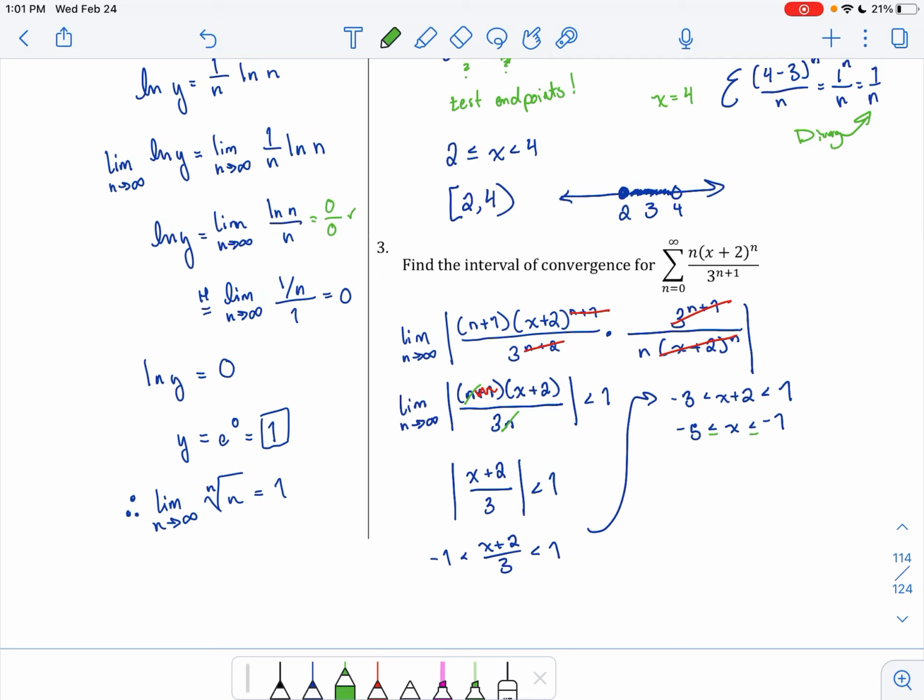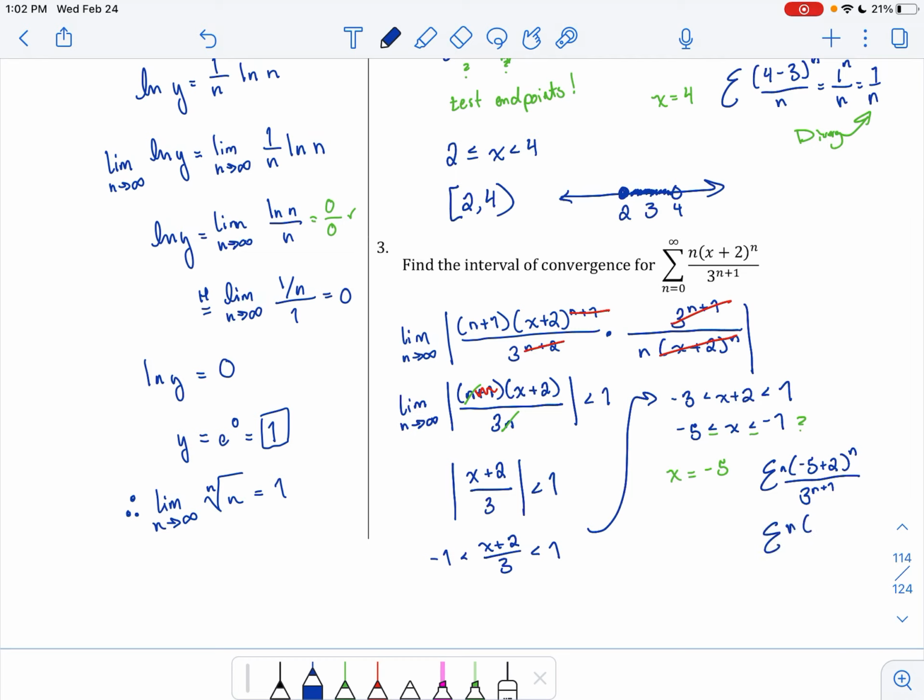Now we have to ask ourselves about our endpoints. And again, we'll do that by plugging in. So what happens when x is negative 5? Well, then the series will be n times negative 5 plus 2 to the n over 3 to the n plus 1.